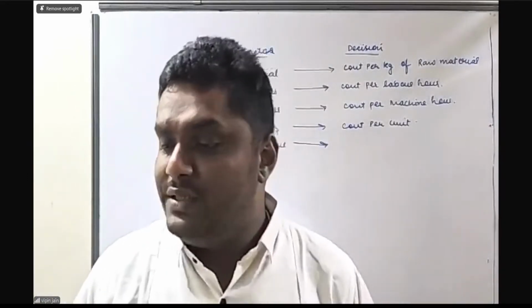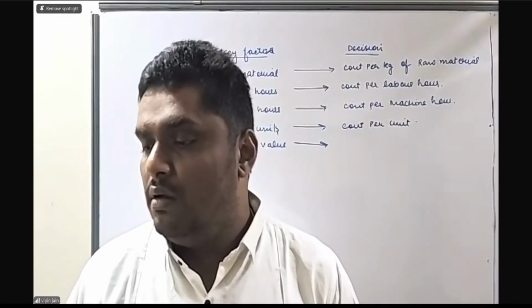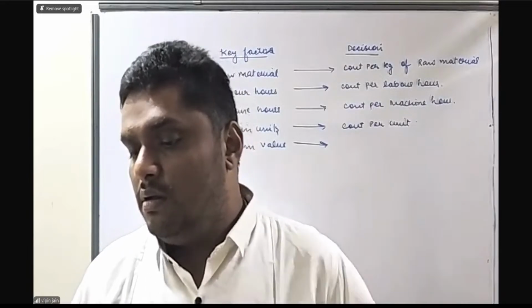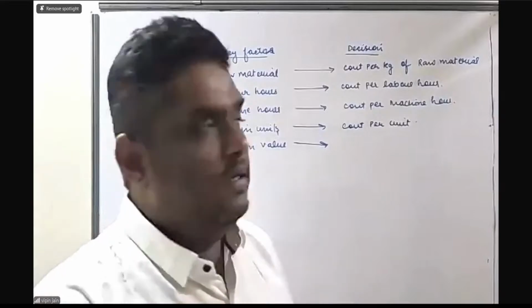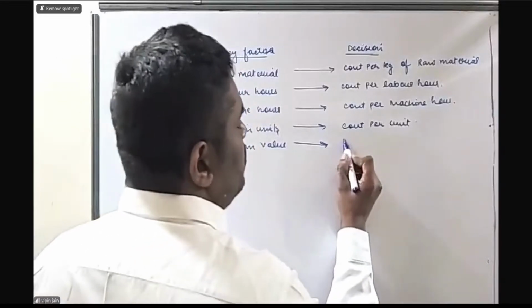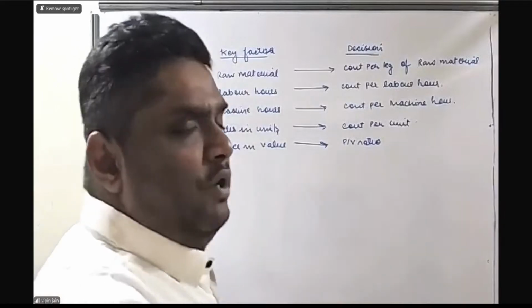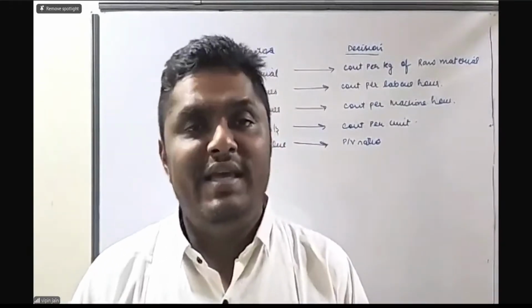If the sales value is the limited quantity, yes, it will be PV ratio. So if sales value is the limited quantity, we will manufacture and sell the product with the highest PV ratio.